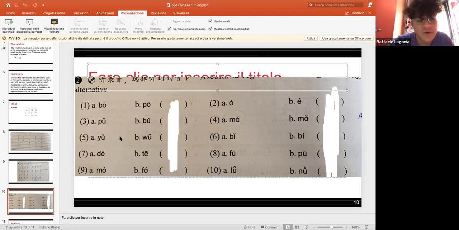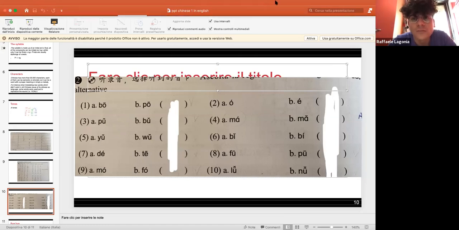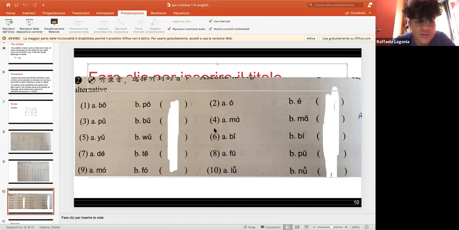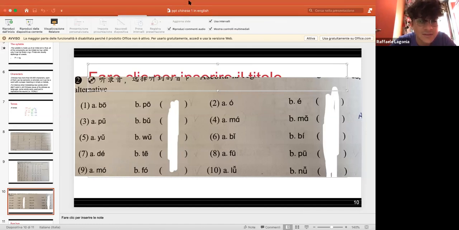Then we have, okay, I'm reading them vertically, but the number is different, it doesn't mean anything. So we have u. What is the answer? B. Okay. Then we have the, what is the answer for the 7?